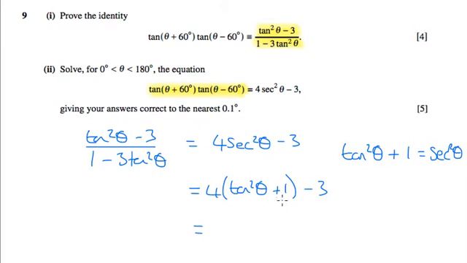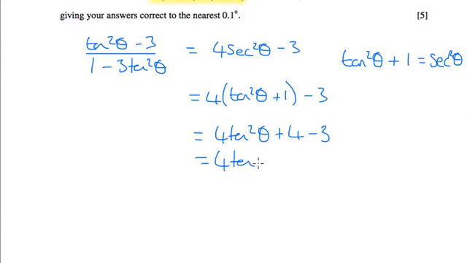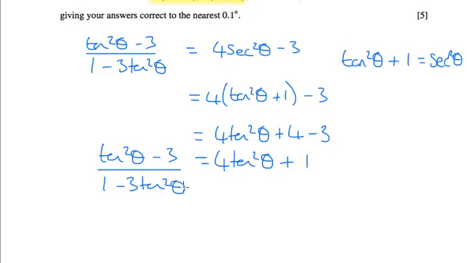If I expand the brackets, that's 4 tan squared theta plus 4 take away 3, which is 4 tan squared theta plus 1. So on the left I've not done anything, so I'm just going to rewrite that again. But now at least everything's in terms of tan.